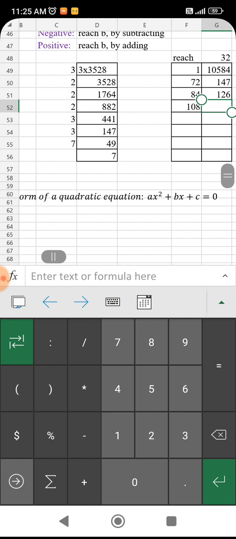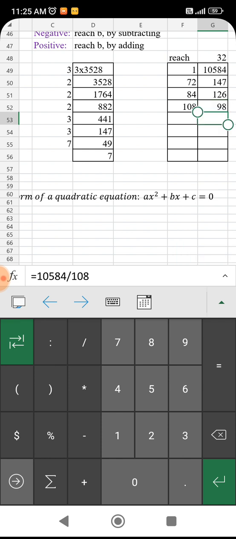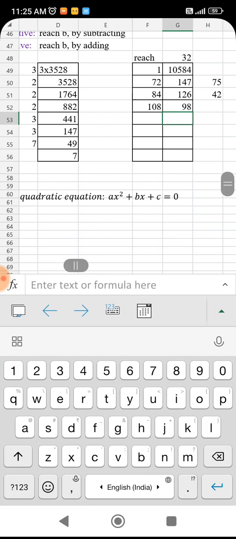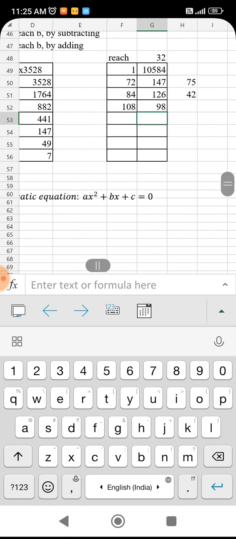It will become which value? 7 into 7, 5292 divided by 108 gives 49, so 98. This is the next smaller value. Now subtract these two values.